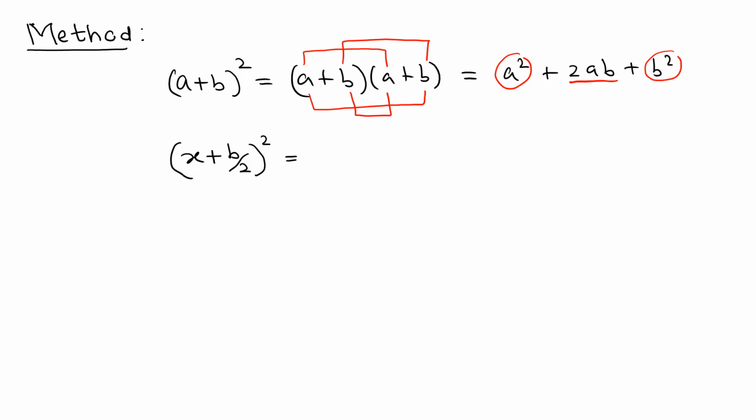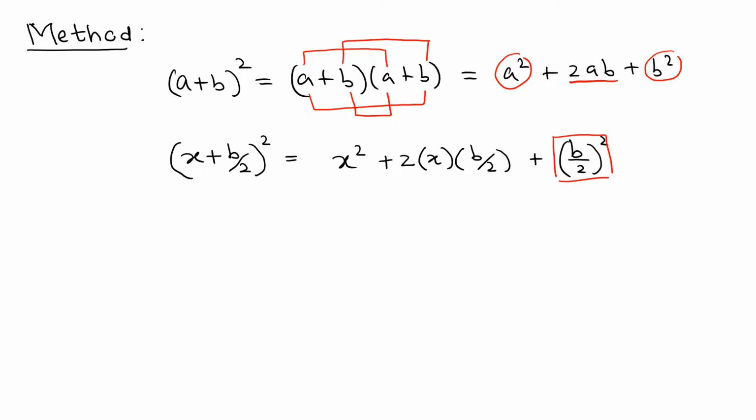So we're going to use the same argument here. That means you're going to get x squared, that's the first term squared, and twice the product. So 2 times the product. You have x, and the other term is b over 2. And then the last one is squared, which is b over 2 squared. Sometimes we have to simplify the last term. Sometimes we don't have to simplify.